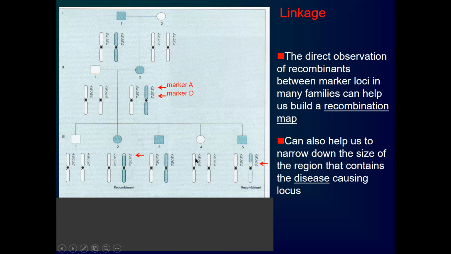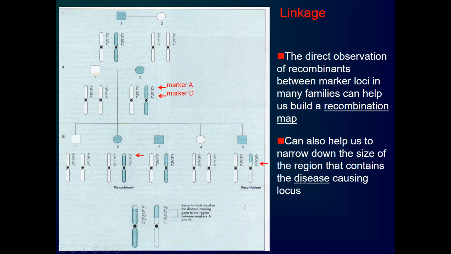So when we look at the third generation, we will see that individual progeny number 2, the genotype for marker A is A1, A1. So we see a crossover at this point between markers A and B, and therefore this individual is a recombinant. The same for individual 5, progeny 5.